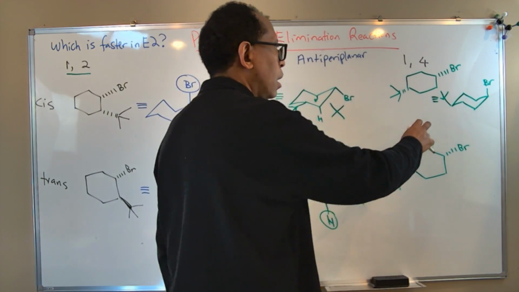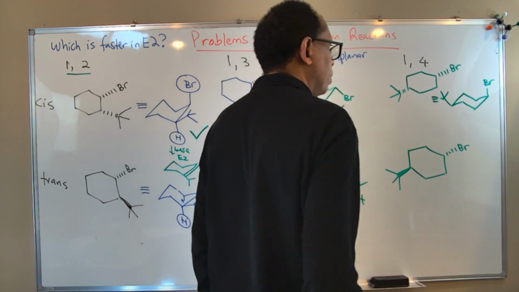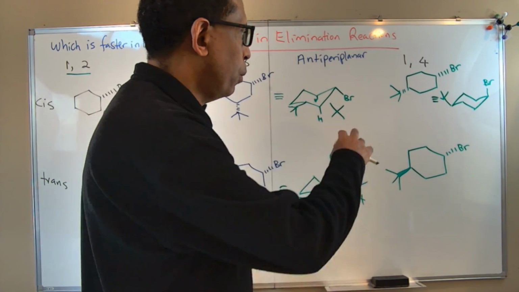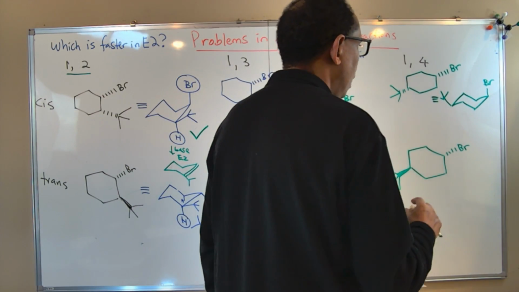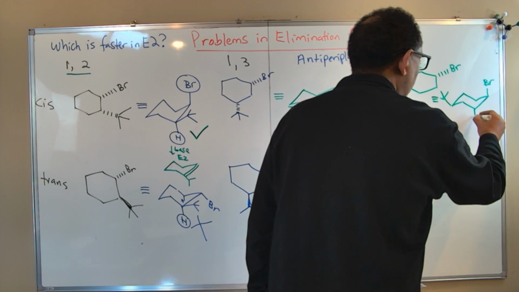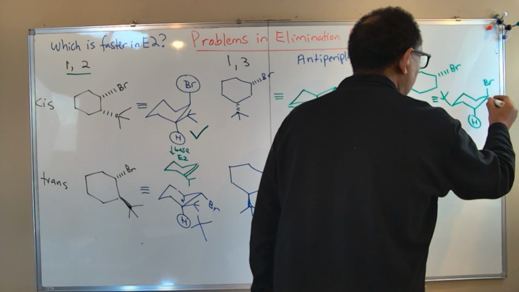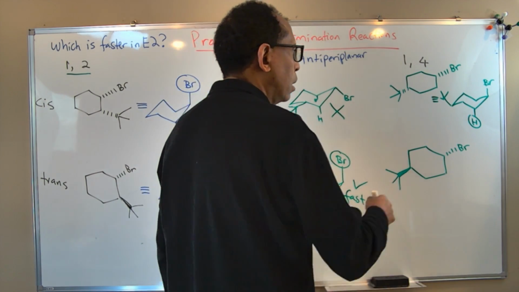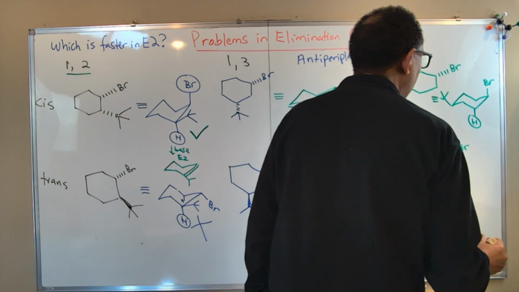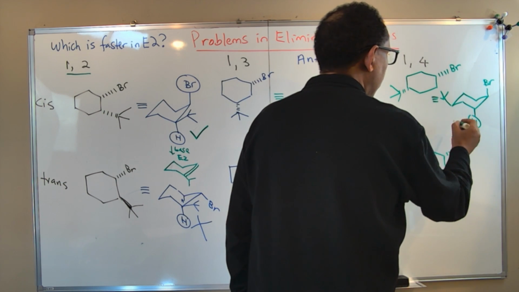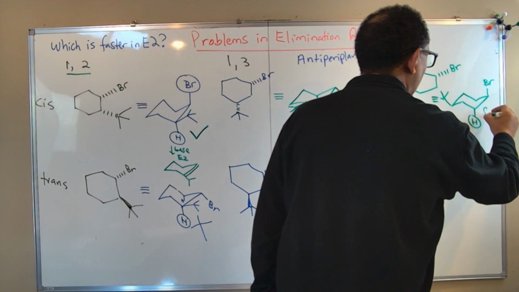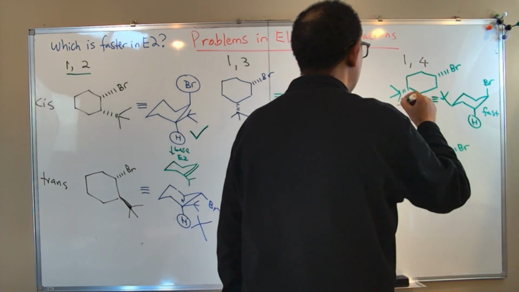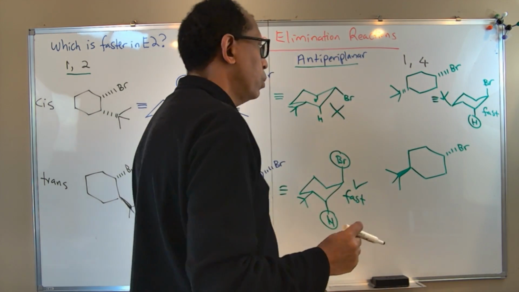So in this case, this is a cis form. Okay, so now if we have this, we have anti-periplanar hydrogen, exactly like what we had in the 1,3 case. So this elimination can go much faster. Anti-periplanar, 180 degrees. So the anti-periplanar is what we look at.